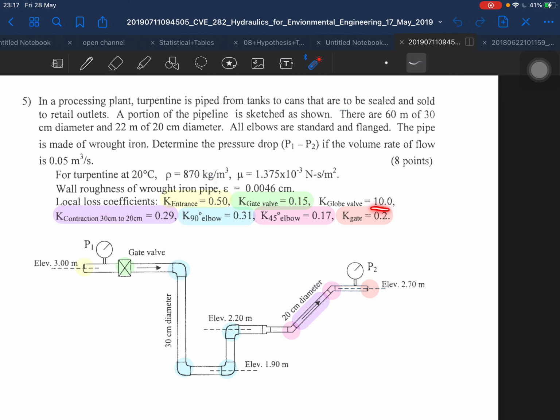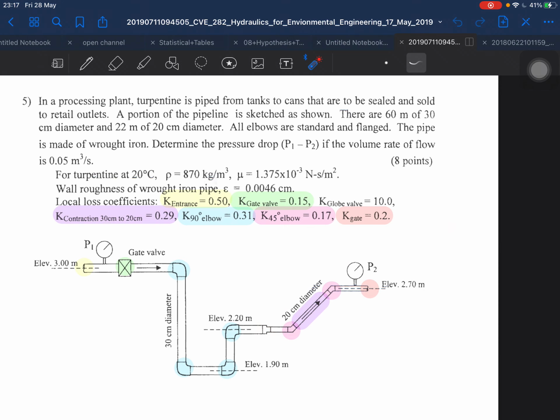The globe valve I could not see in this one, so that is just additional information that we don't need. The contraction from 30 centimeter to 20 centimeter is around here. It's also called the sudden enlargement.